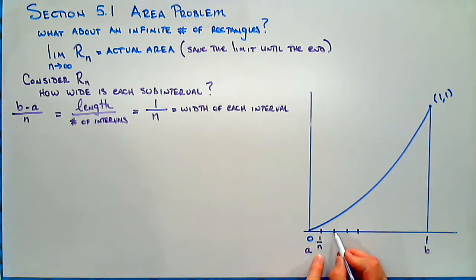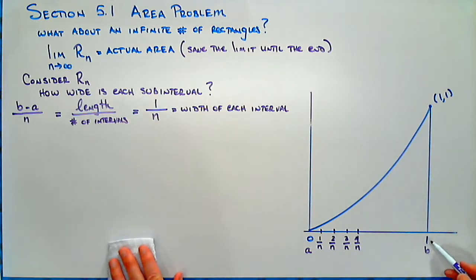So where is the endpoint here going to be? It's going to be 2 over n, because this is 1 over n wide. And this is going to be 3 over n, and this is going to be 4 over n. And on and on this is going to go. Now, what are we going to get at the end? Well, do you remember that little trick I showed you previously about how we should stick to common denominators?